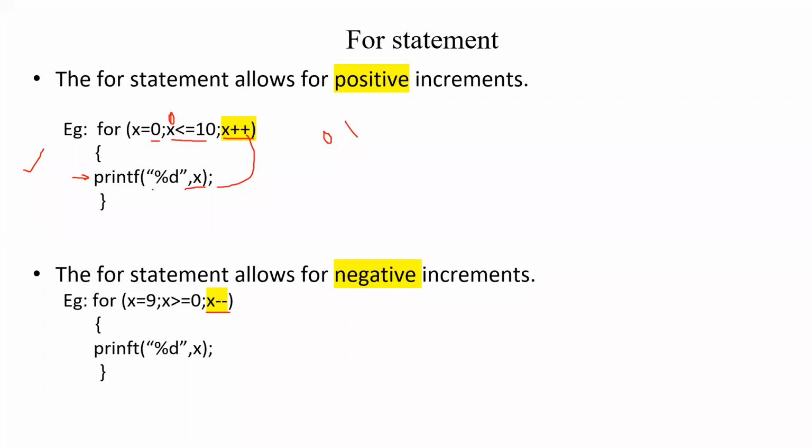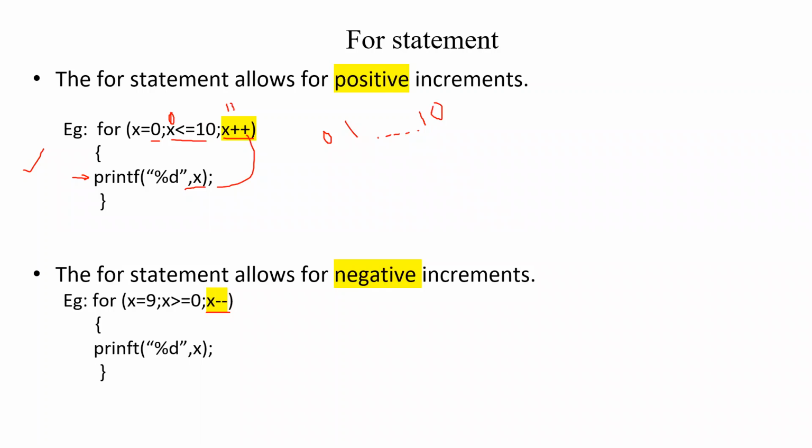Likewise, it will keep incrementing, checking, and executing the body of the loop. At the last, when the x value is 10, it will print the value 10. So in between, all numbers it had printed, and it will print the value of 10. Then it will go and increment the value of x.